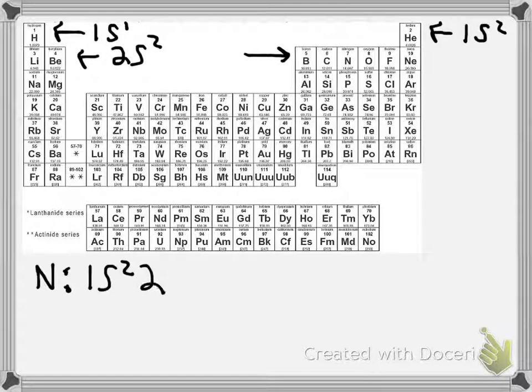Let me go ahead and write this within the formula. 2s2. And this is the p rows. So how many p's do we go till? So we go to 1, 2, 3. So this is going to be 2p3. And that actually is the formula for nitrogen.